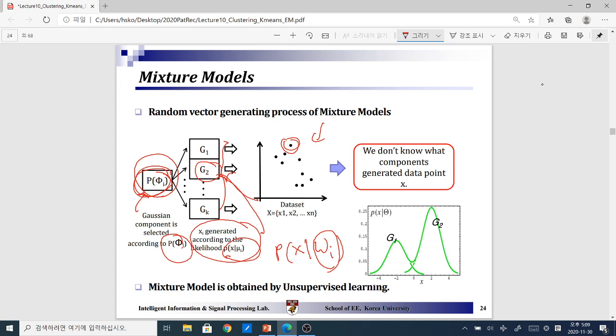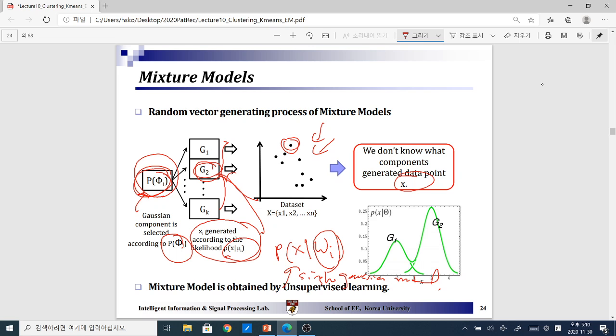And this is a single-mode Gaussian model, right? So this is how we assume that the data points are generated. Each of these data points is generated that way.